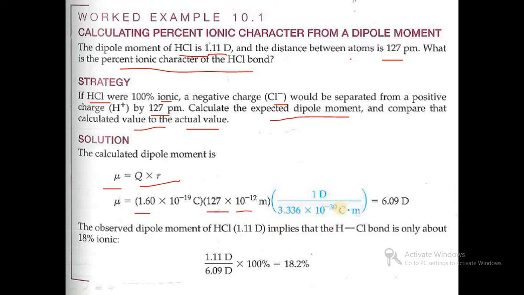So the overall calculation comes to 6.09 D, where 1 D is equal to 3.336 into 10 to the minus 30 coulomb meter.